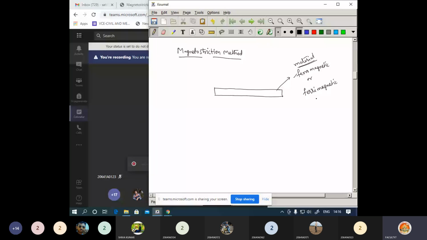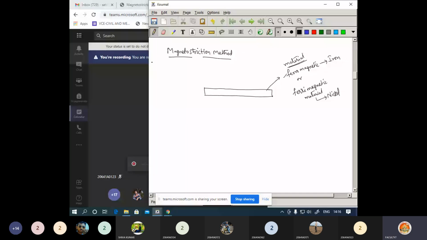Regarding this example, you can take iron, and regarding this, you can take nickel. Now in this concept, we need to identify what is the magnetostriction.